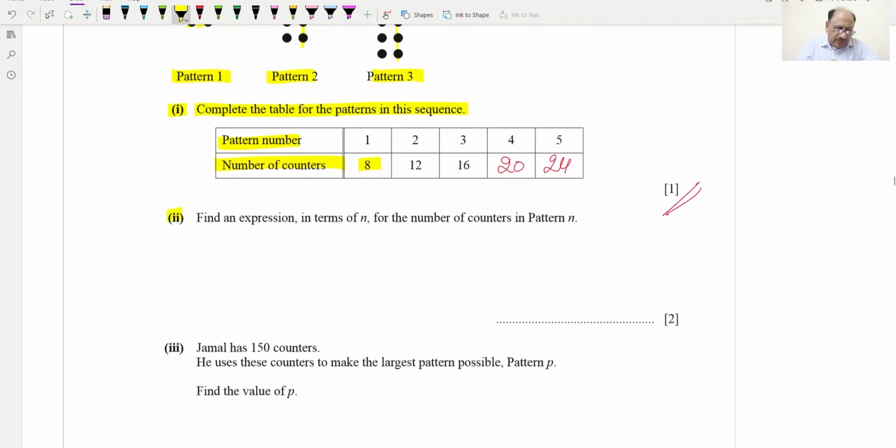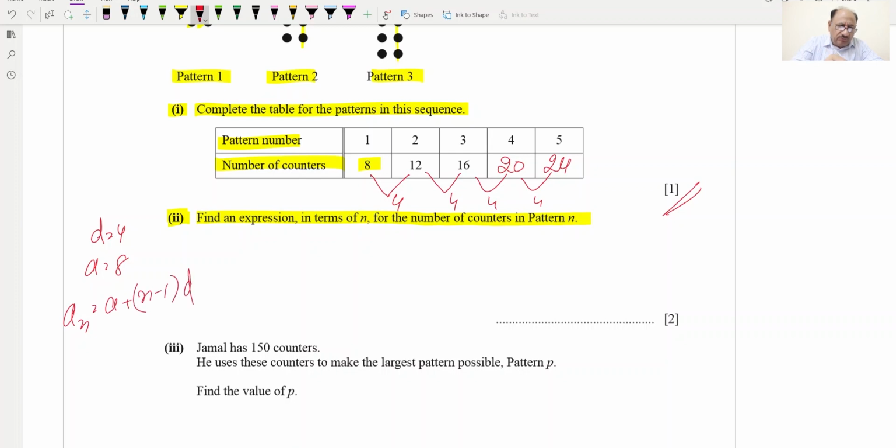Now second part, find an expression in terms of n for the number of counters in pattern n. So if we check the difference in this sequence, the difference is plus 4, and 4, and 4. So d value is equal to 4. a value is 8, and the formula is a_n is equal to a plus (n minus 1) times d.